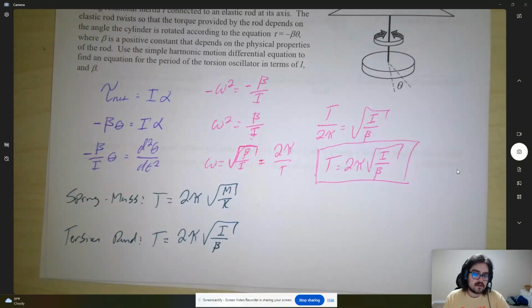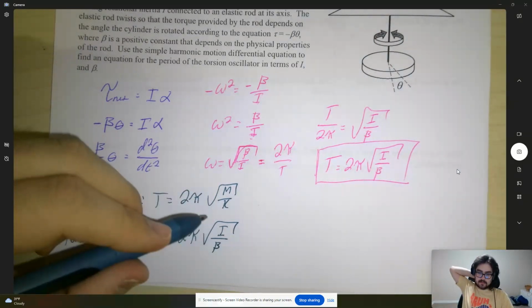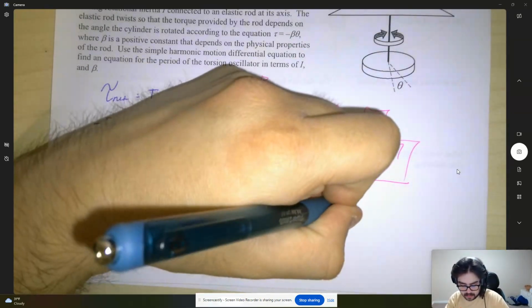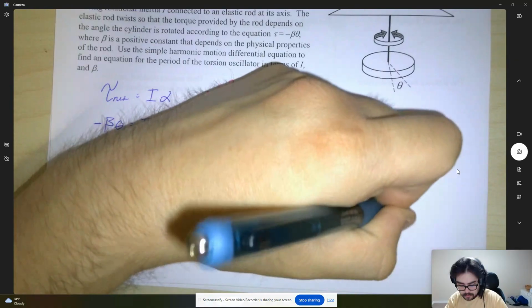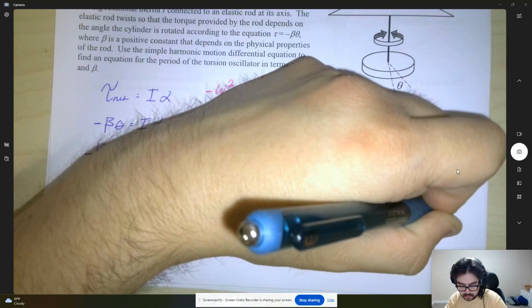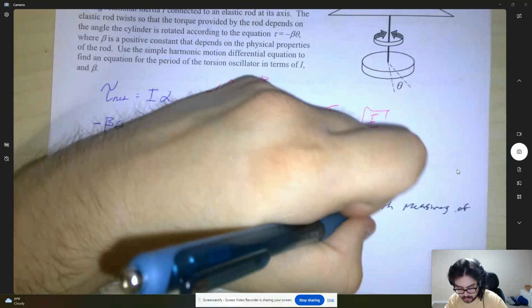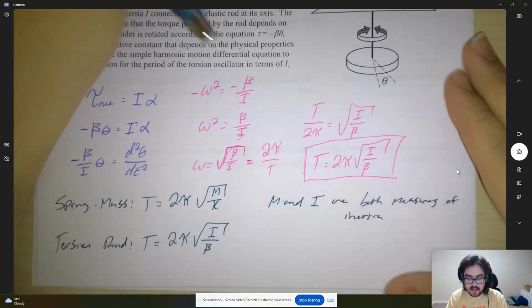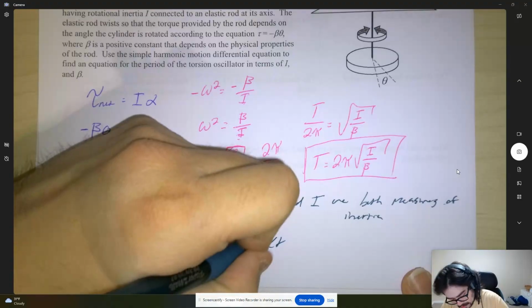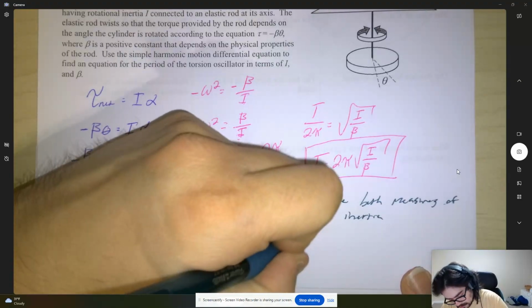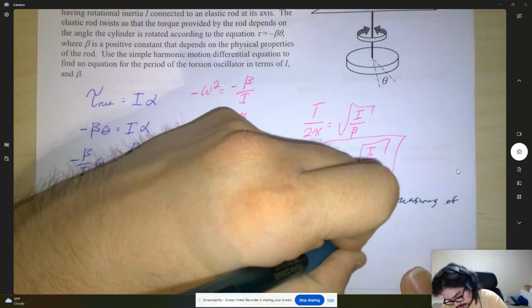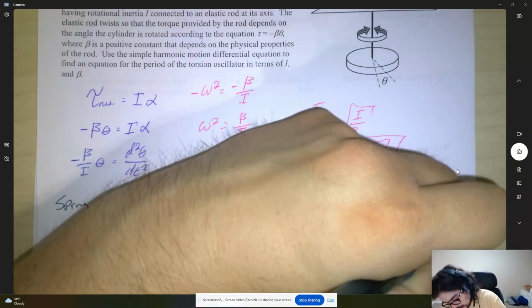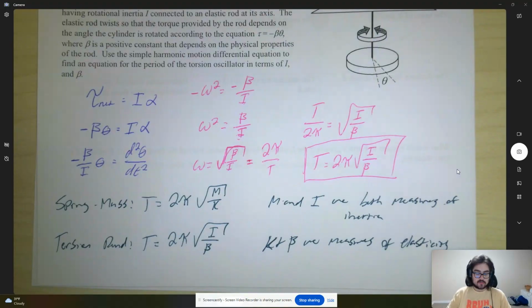These are very similar because m and I are both measures of inertia, and k and beta are measures of elasticity. So very similar to each other.